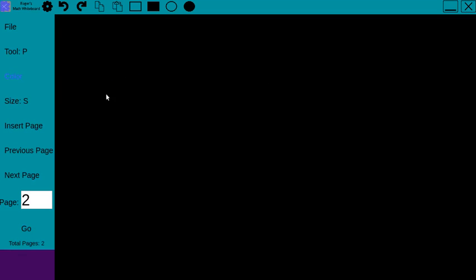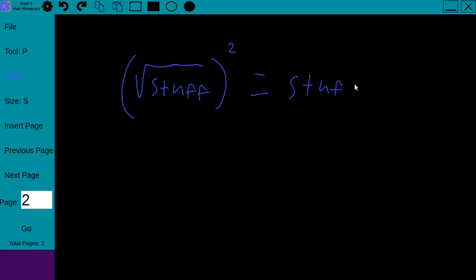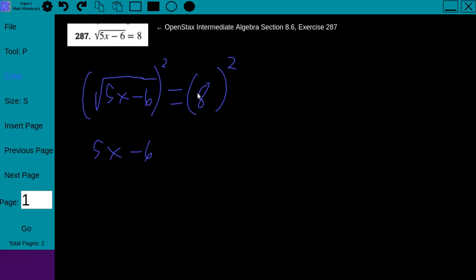Basically, the generalized form of this is the square root of stuff, squared, is just going to be the stuff. That's generally going to be the case. This is the tool that we're basically using to get rid of that square root symbol and leave us with just the stuff underneath it. So let me go back to the previous page here. That's how this piece becomes this thing.